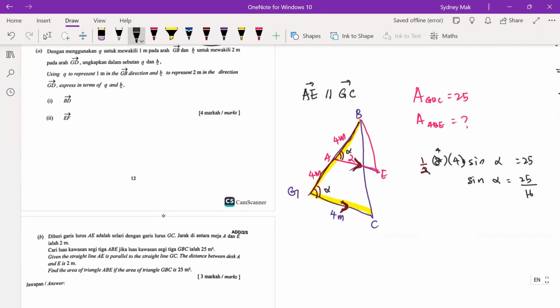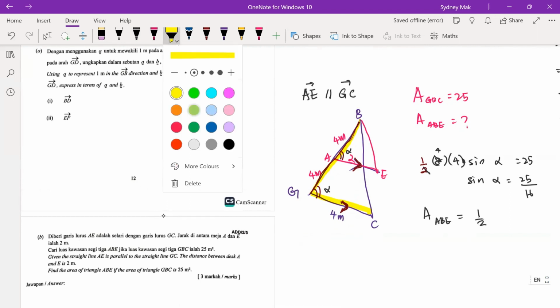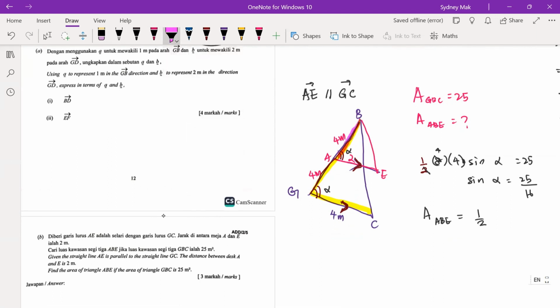Next, the area of triangle ABE can be found by using half AB sine C again. This is the A, and this is the B, because I want to use the angle sine alpha. Why do I use the AE?